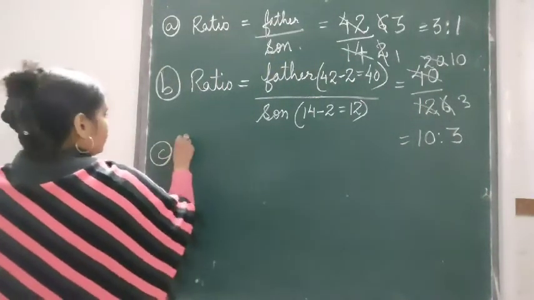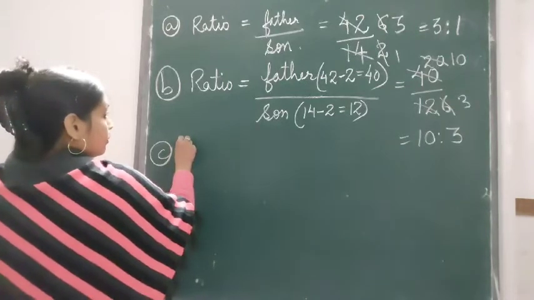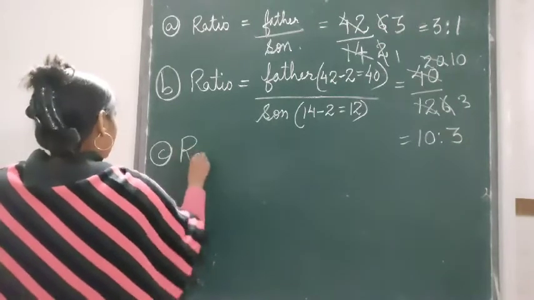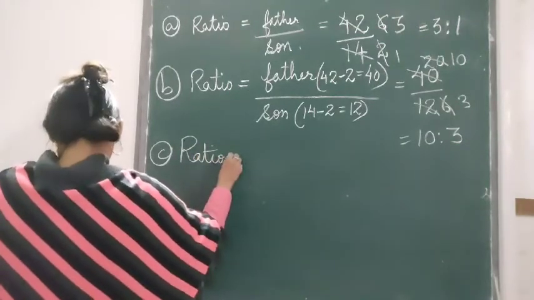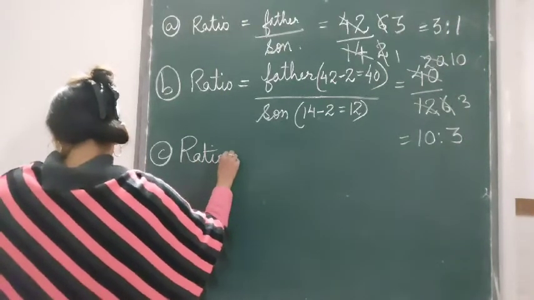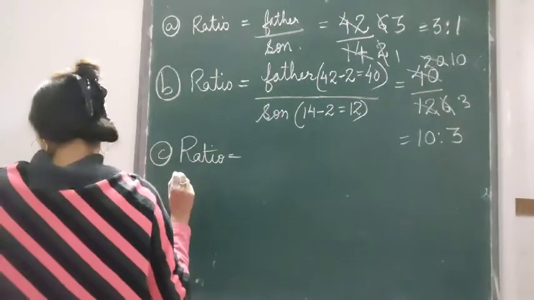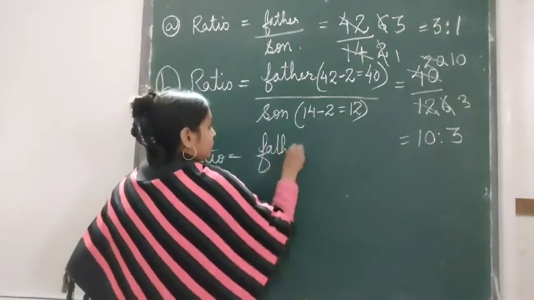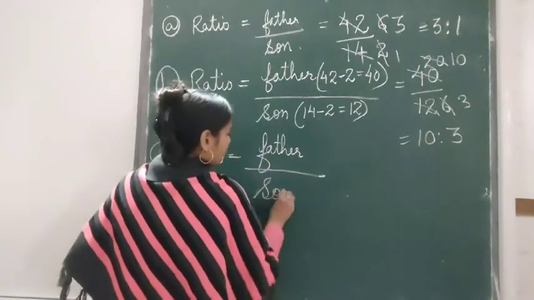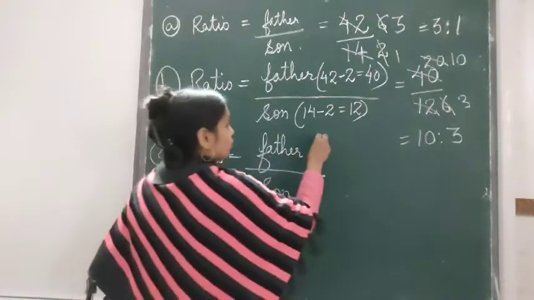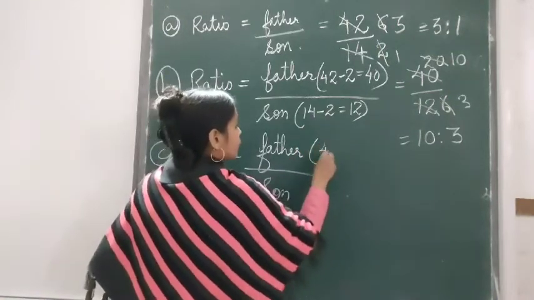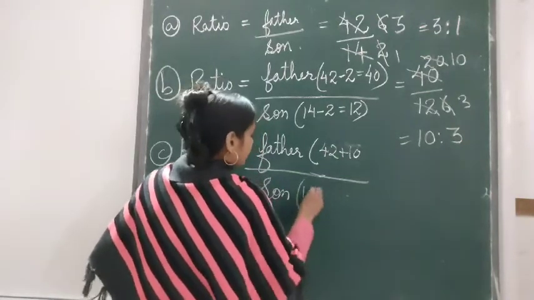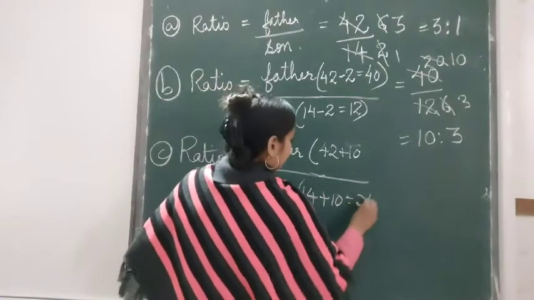Then C. C is the ratio of age of father after 10 years to the age of son after 10 years. So again, father, son. After 10 years means 10 years later. So to the present age we add 10, and here also to the present age we add 10.